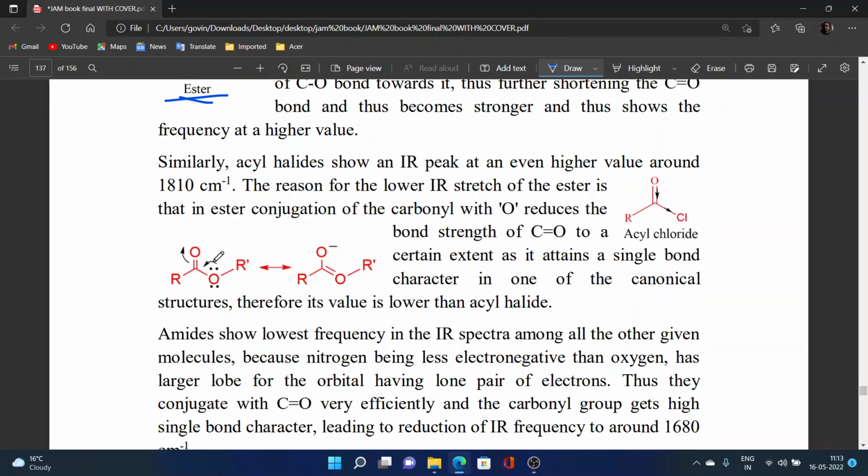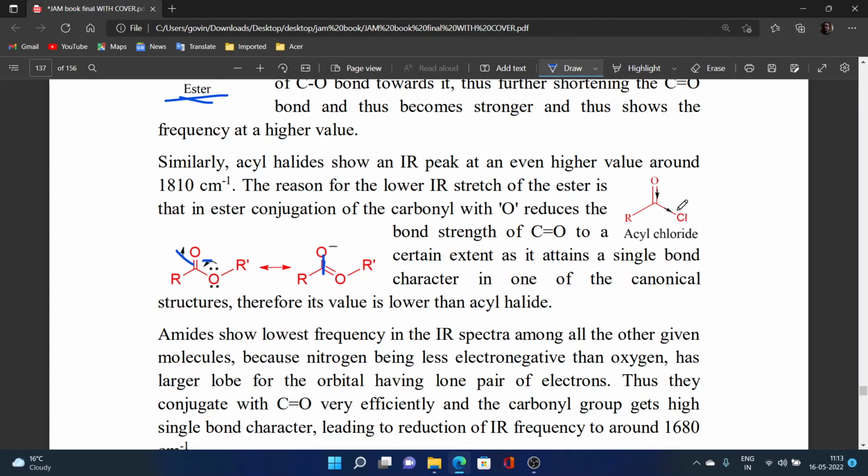Why? Because in ester some amount of resonance is there compared to conjugation, because this lone pair comes here, this comes up, and therefore some amount of single bond character comes, and if single bond character comes, then the bond is weakened, so lesser energy is needed to vibrate it.